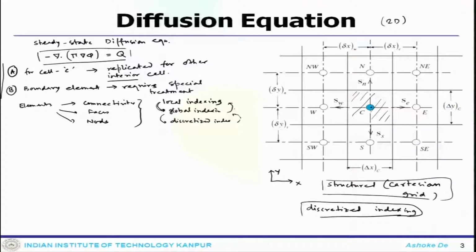So, here what we see is a discretized indexing. So, we have considered one particular element C or the cell C, which is sitting inside the domain somewhere. Now, once we talk about the discretized indexing, one can think that this shows the stencil for discretization.